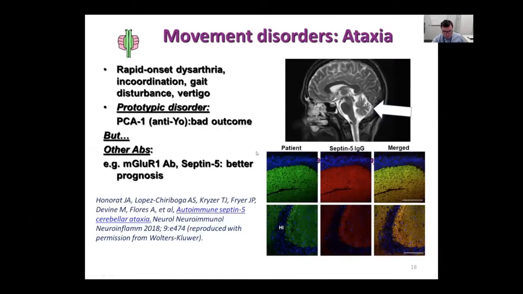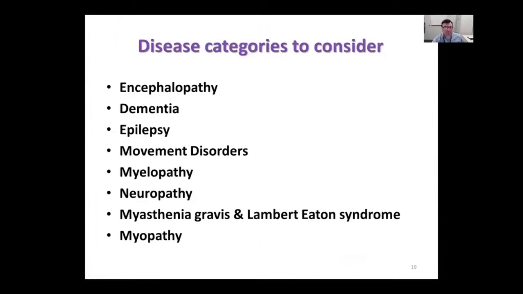It has almost universally had a bad reputation as having a poor outcome because of this particular disorder, PCA1 or anti-Yo, which is the originally recognized form of this autoimmune ataxia. But there have been other antibodies recognized over time, less common than PCA1, but some of these patients have a better outcome and less commonly have cancer.